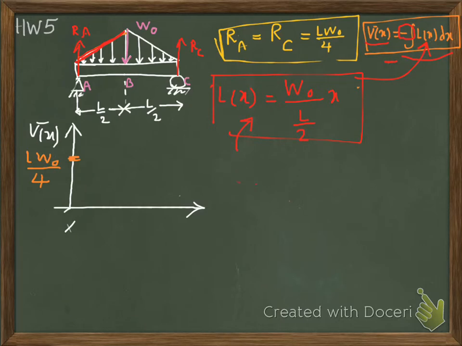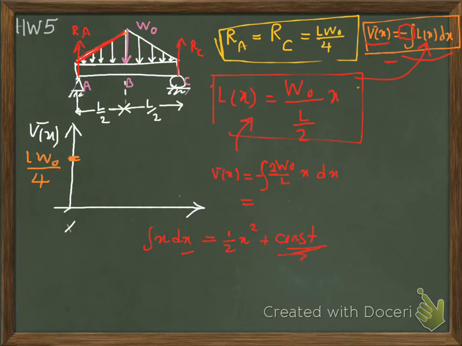V of x therefore is going to be minus the integral of W naught over L over 2, times x dx. The integral of x dx is 1 over 2 x squared plus some constant. You can actually differentiate this and you have to get x out of it.